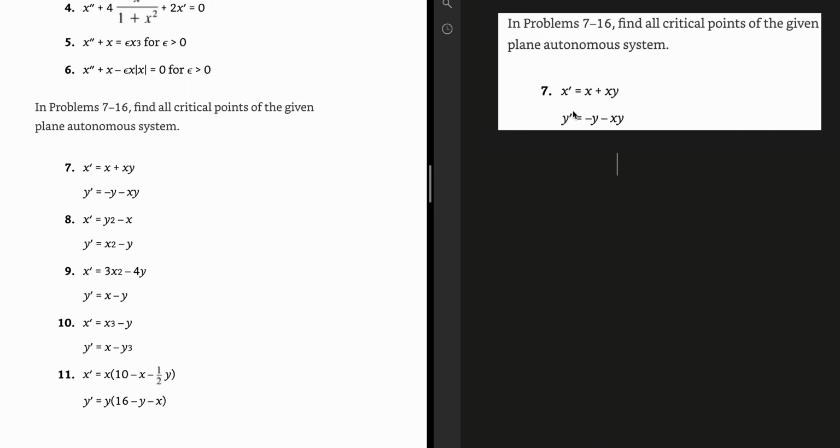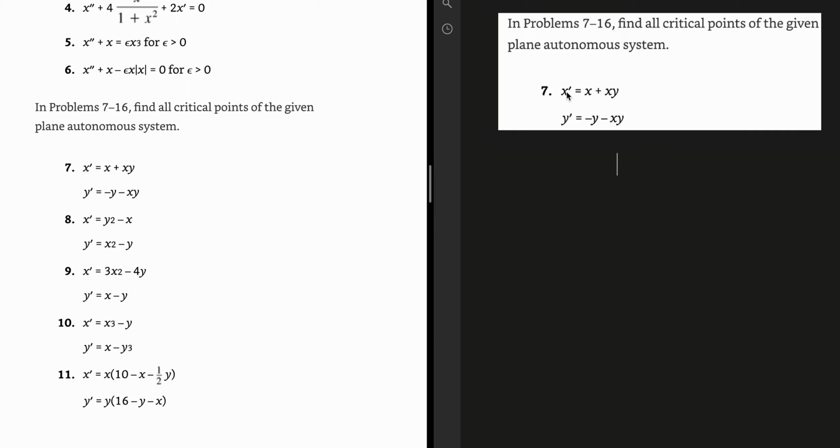Before we jump into MATLAB, let's look over here for a second and try to understand what plane means. Plane means that there are two variables only, so this can be represented like a vector field or in a 2D graph. Autonomous means that there is no independent variable shown anywhere.